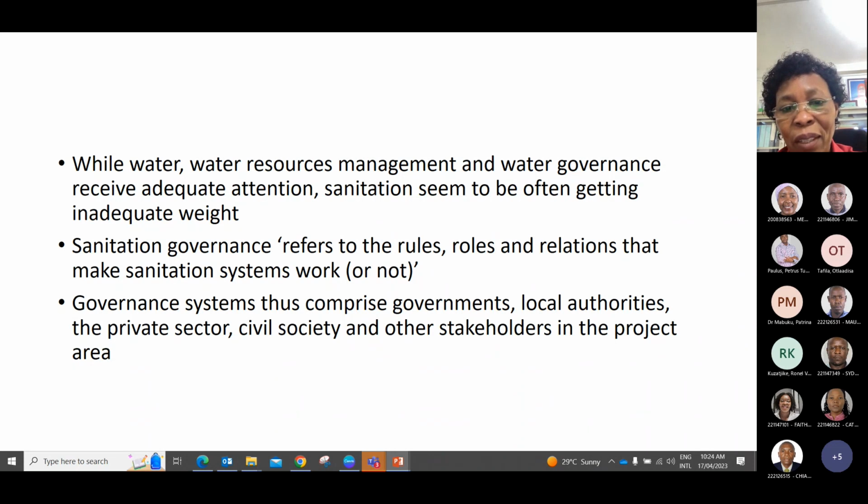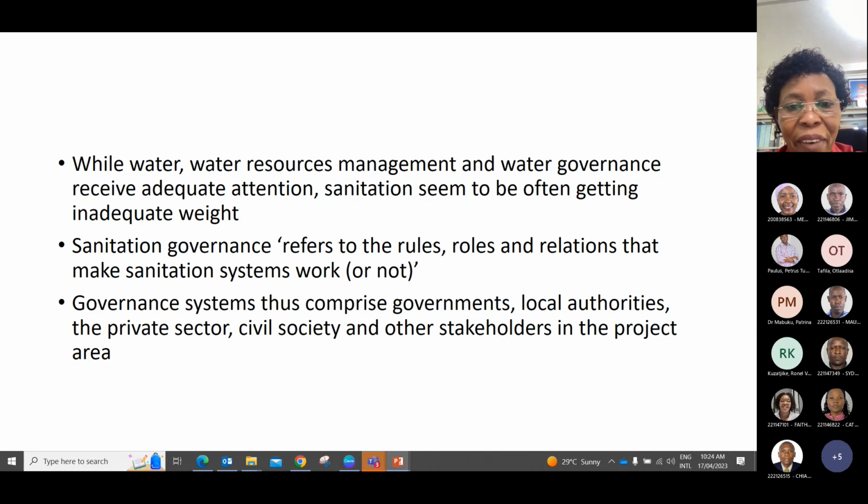So maybe you can try here and there to ensure that these two go at par, because much as you can have adequate water, if we do not have good sanitation systems and governance in place, we will defeat the purpose of having adequate availability of water. So these two must receive adequate attention.